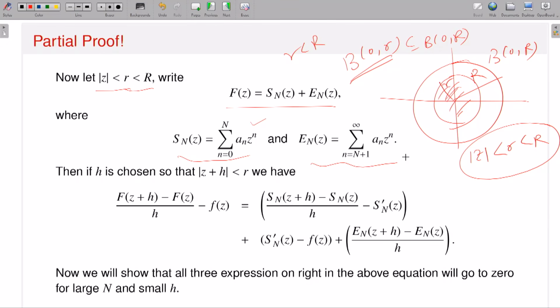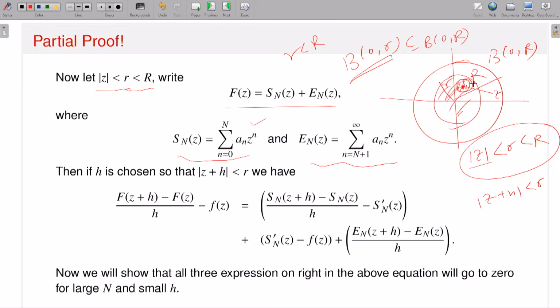Since my power series converges uniformly here, and I am considering mod z less than r, I take h to be another complex number such that the modulus of z plus h is also less than r. So if I consider a point z here, I am taking a small neighborhood around z, fully contained in the disk of radius small r.